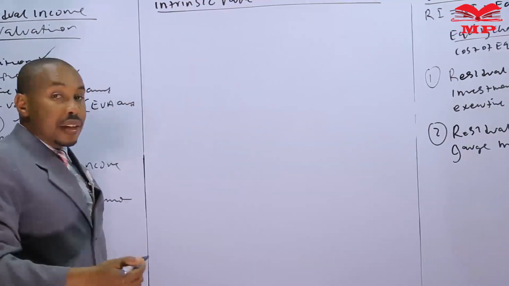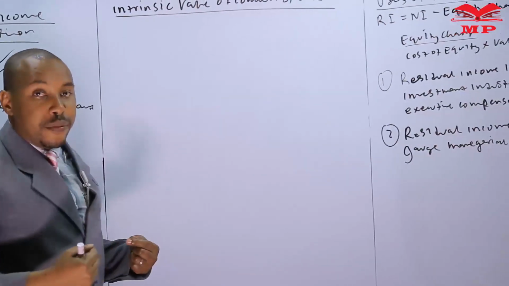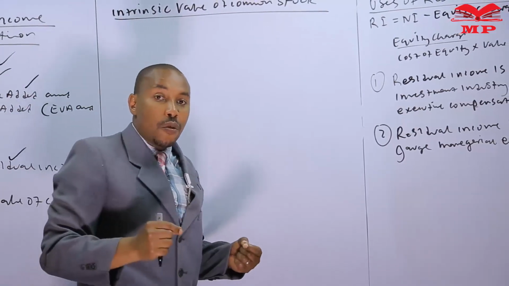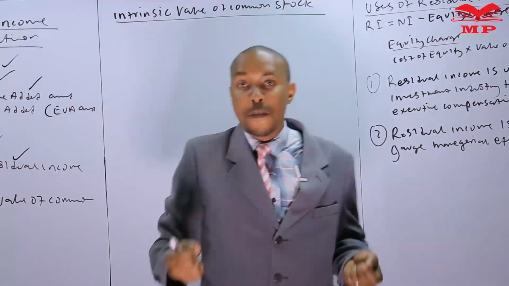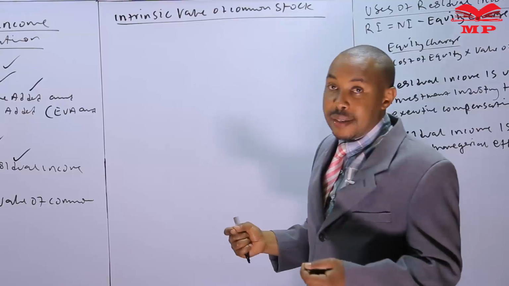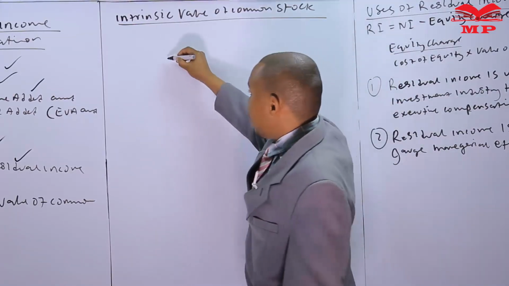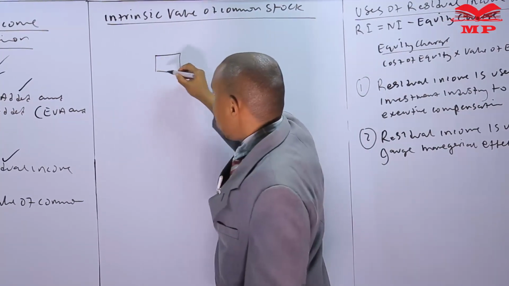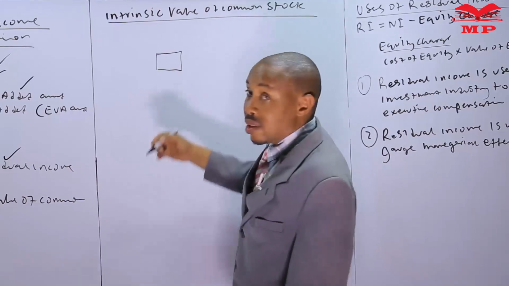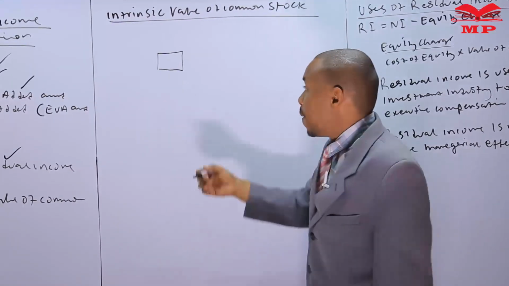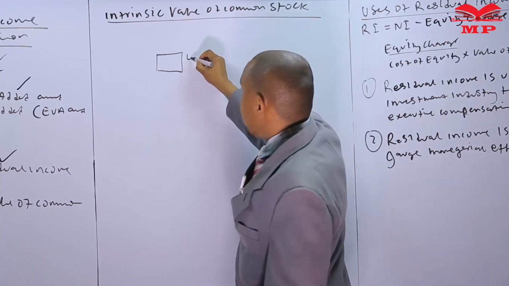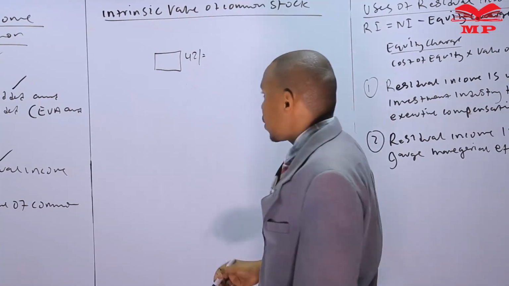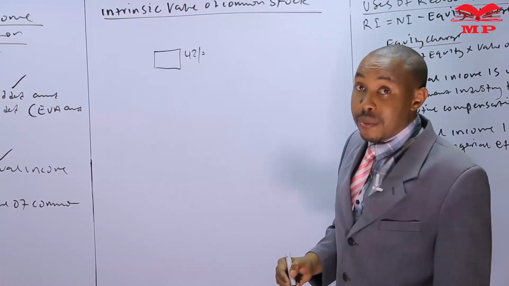Intrinsic value is the value that you believe, as an analyst, a share like KCB should be at. For example, if the value of KCB based on the forces of demand and supply, yielded by the Nairobi Securities Exchange, is 42 shillings, that is the current market price.